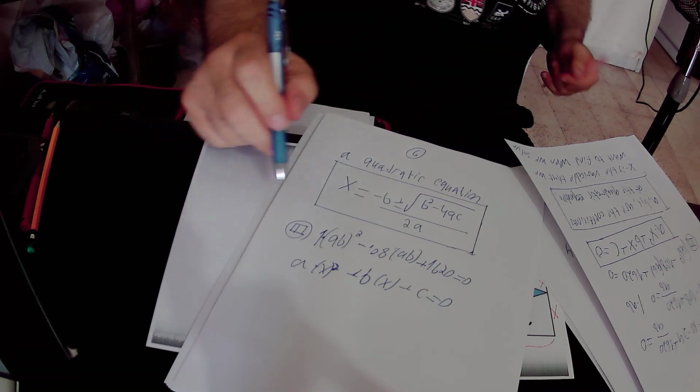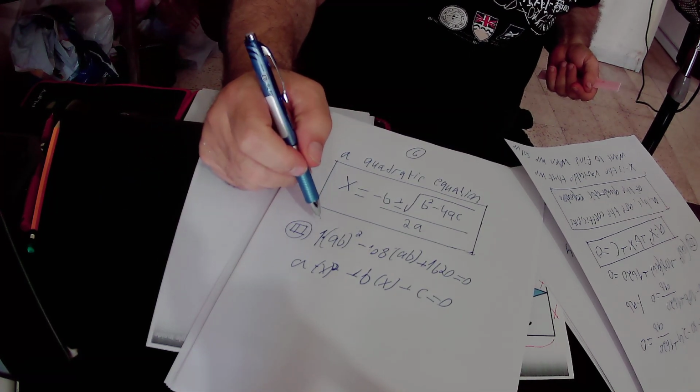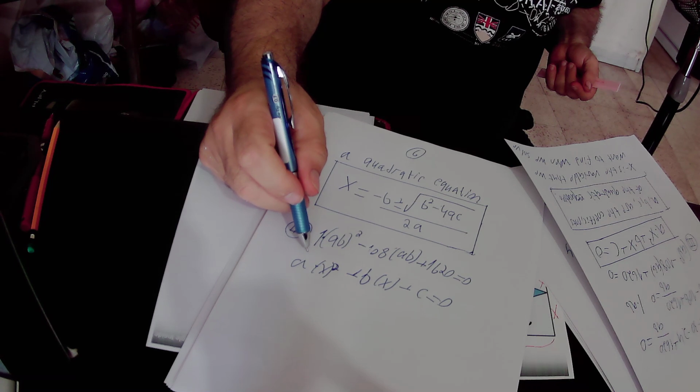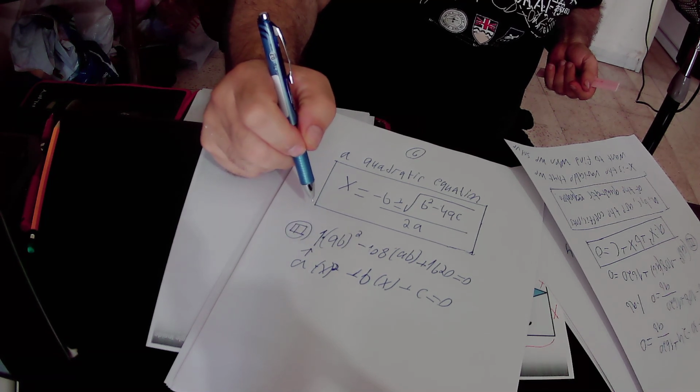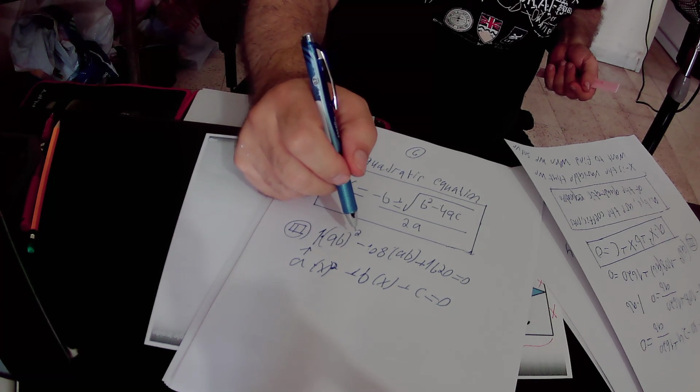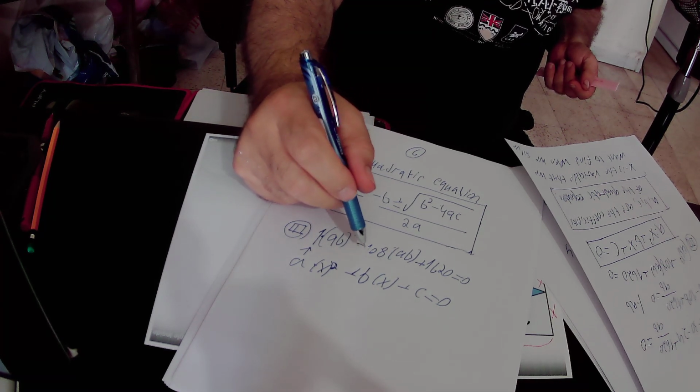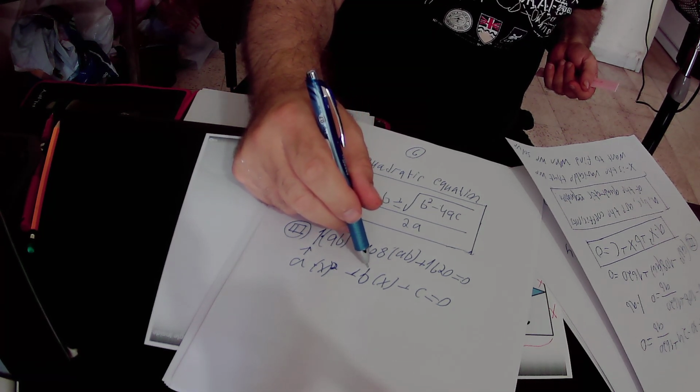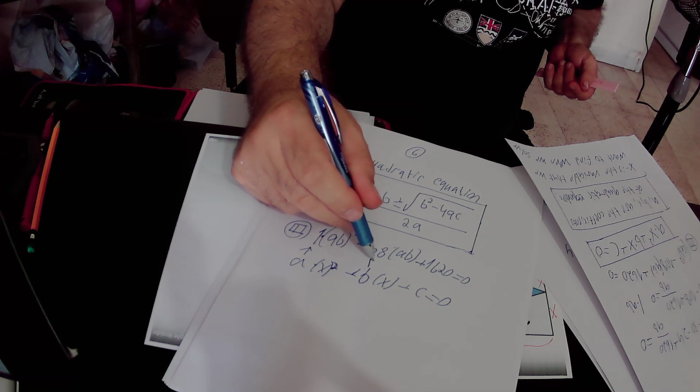And here, as you can see, A equals 1, and here B equals negative 108.